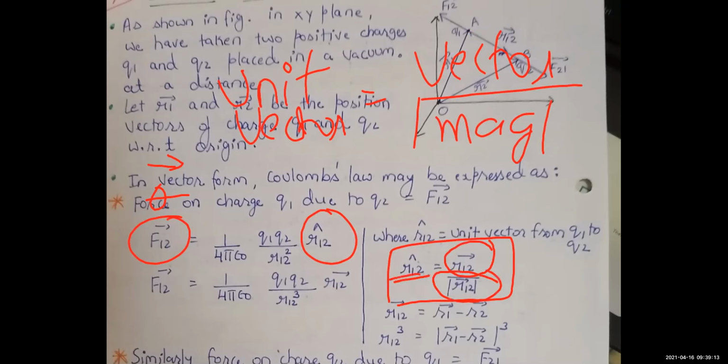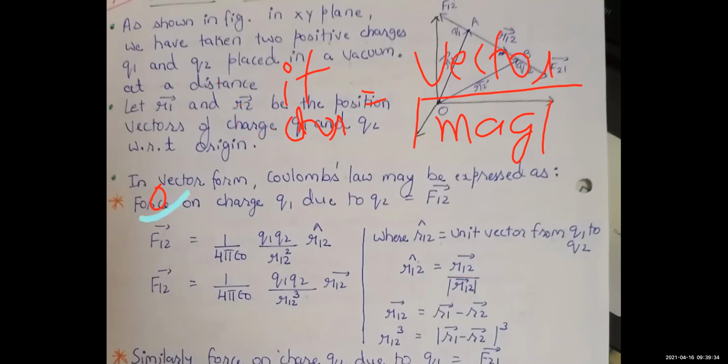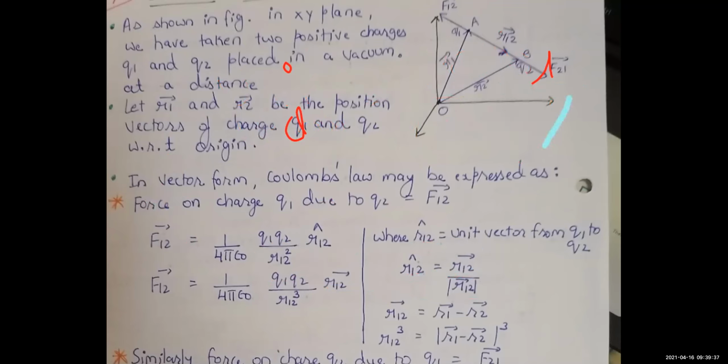So instead of unit vector r12, we can put vector r12 upon the magnitude, that is simple r12. But already you are having r12 square, so it will become cube. So children, this is the vector form of Coulomb's law, that is F12 is equal to 1 upon 4 pi epsilon naught Q1 Q2 upon r12 cube into the vector r12.